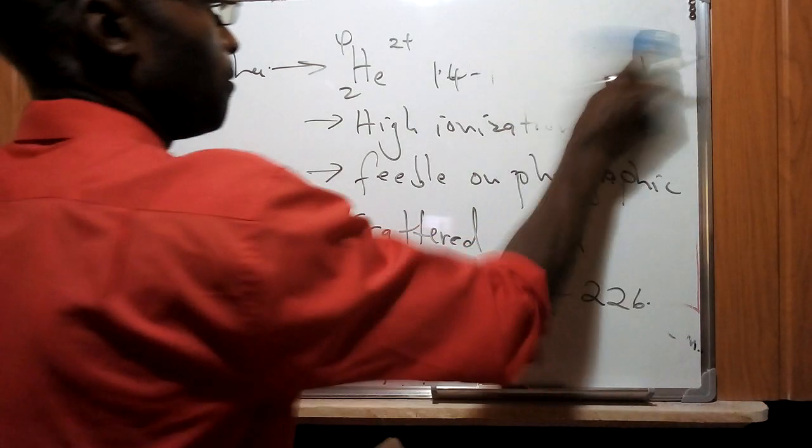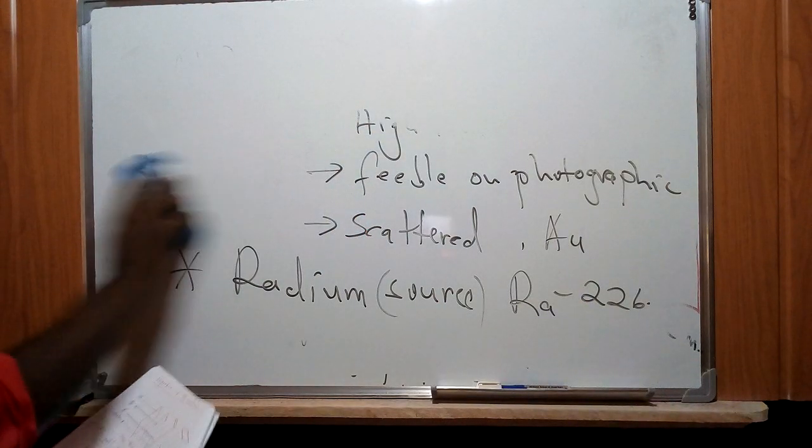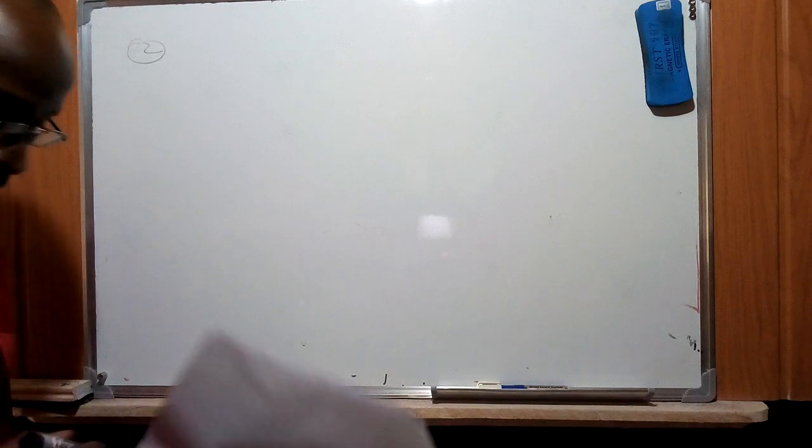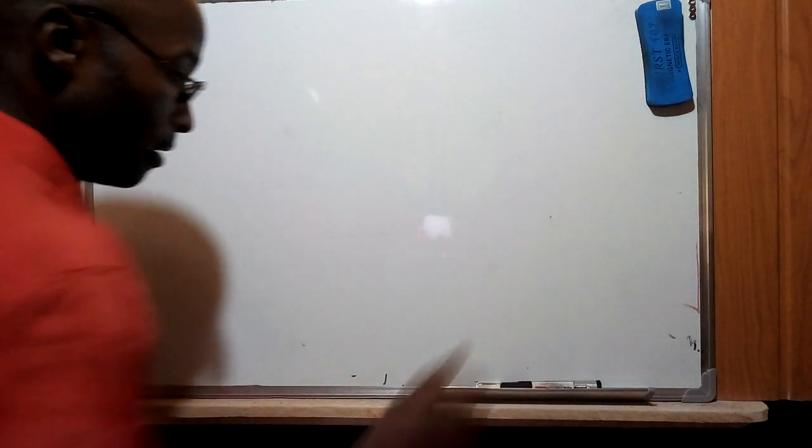And then we have the gamma rays. We're going to look at a summary of different characteristics of the gamma rays that we have already discussed. So number 2, we look at the gamma rays.